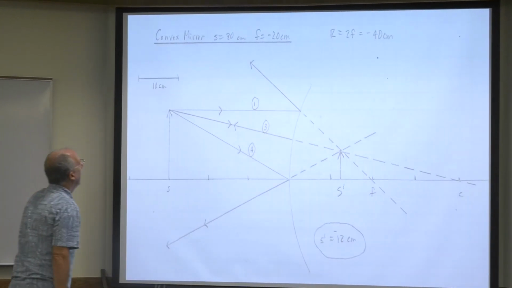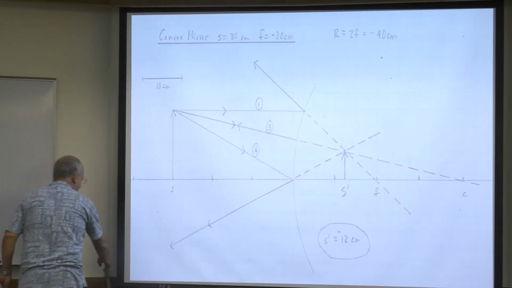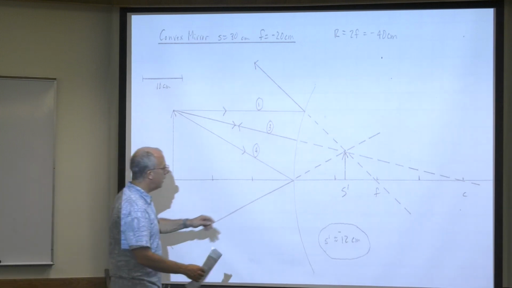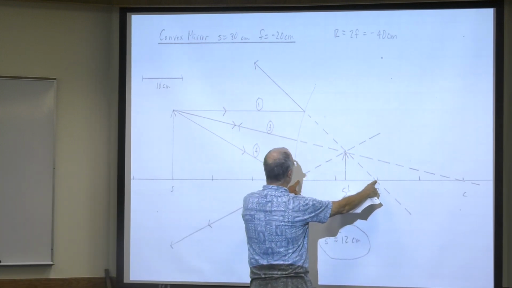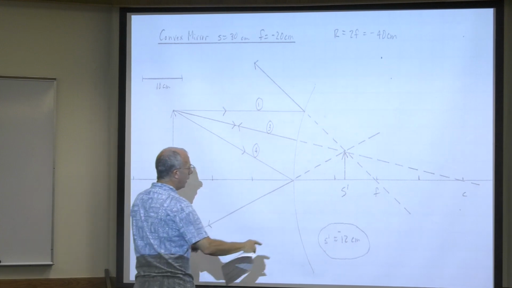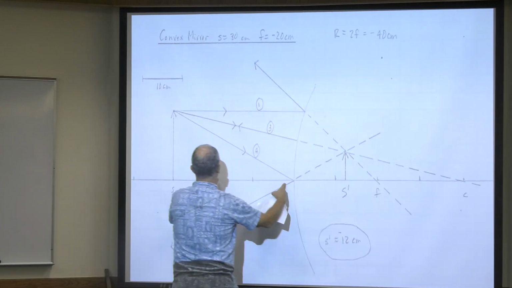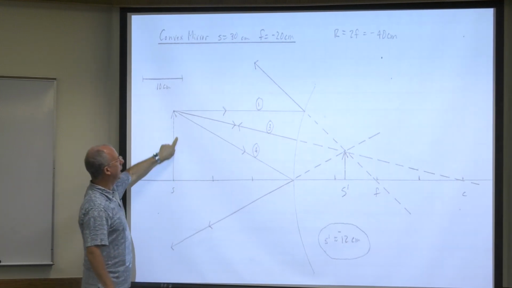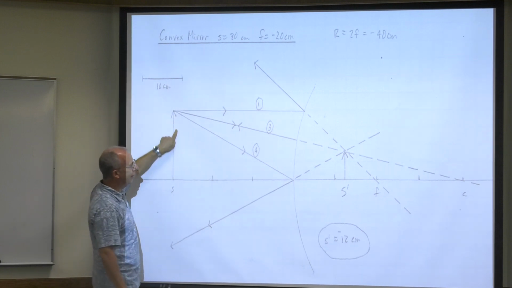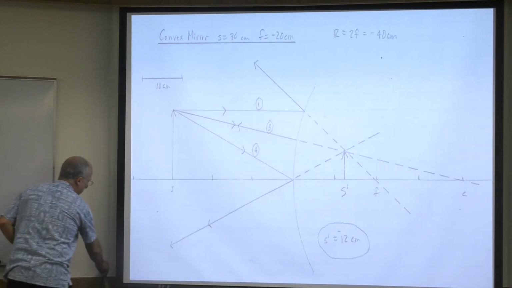Convex. And the focal length is 20, so I put it here. The object is 30, so if this is 20, so here's 30. I made it big because I probably did trial and error, you know. That's how it usually goes with these pictures.